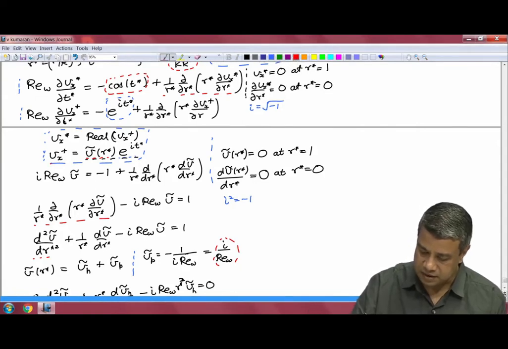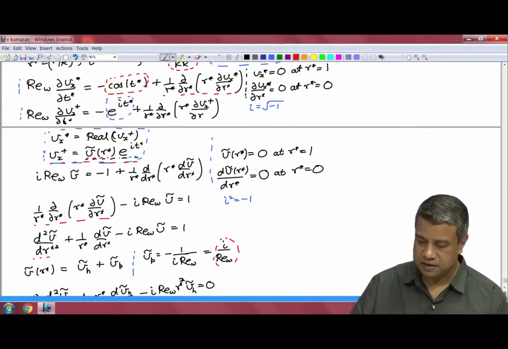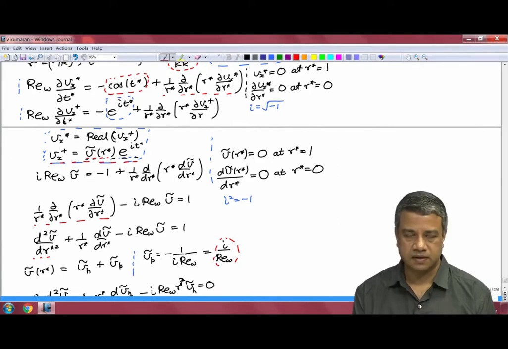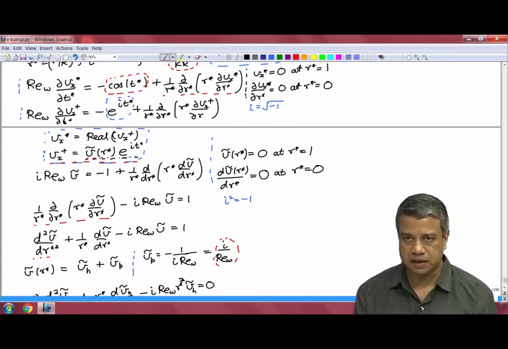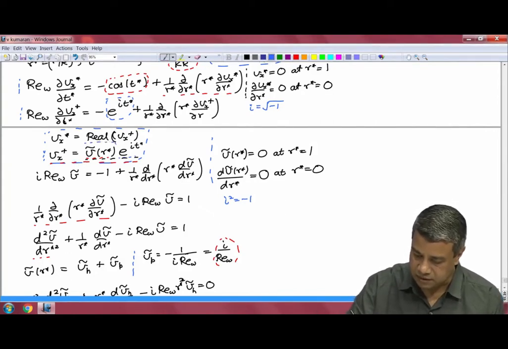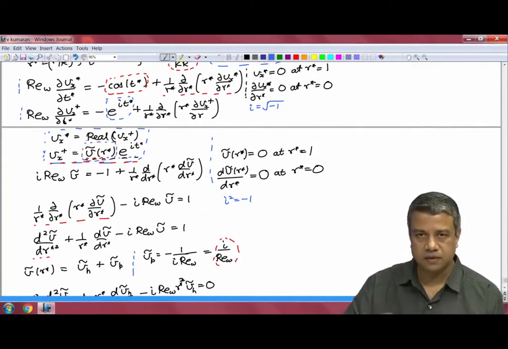That is easily observed by expressing the velocity as a spatial function times e power i t and substituting in the equation. All the time dependence will disappear, because that factor of e power i t cancels out on all terms in the equation, and you get an equation that depends only upon r for this function v tilde of r, which is only a function of r.